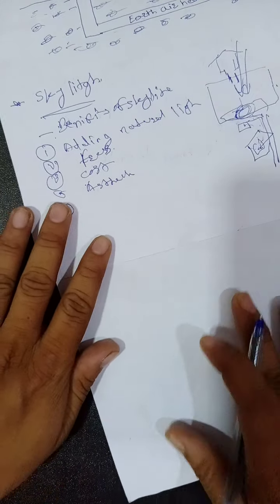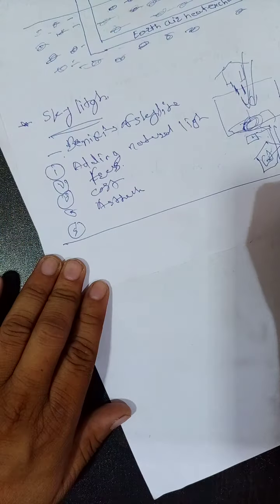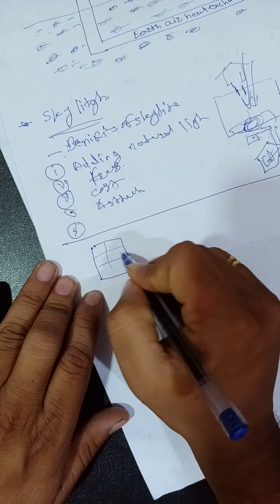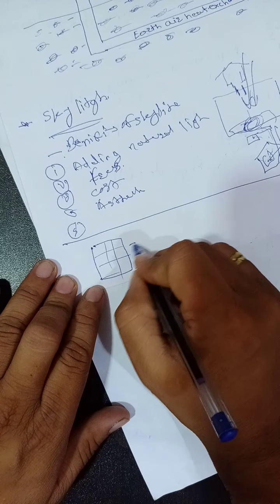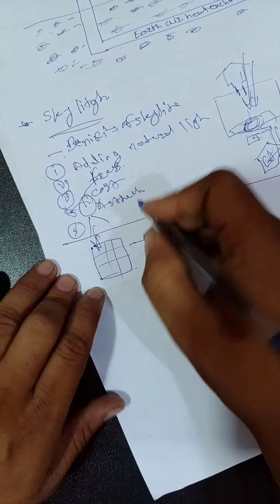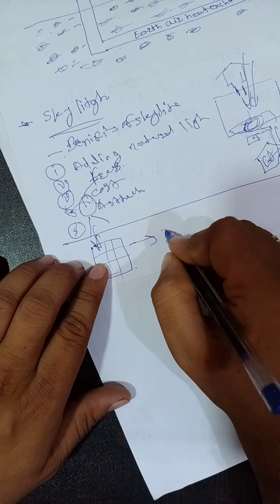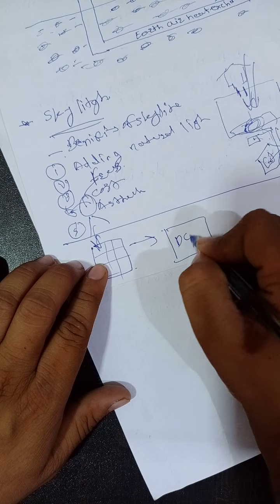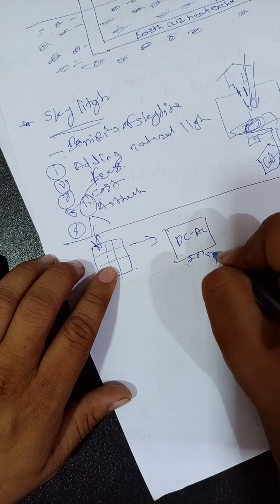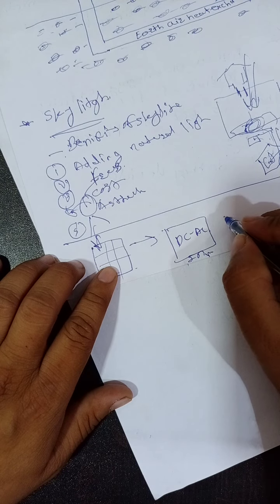right? So I'll draw a diagram here for this. These are the panels, suppose, right? Then this is the sunlight which falls on the panels, and this is DC to AC, that is the inverter, right?